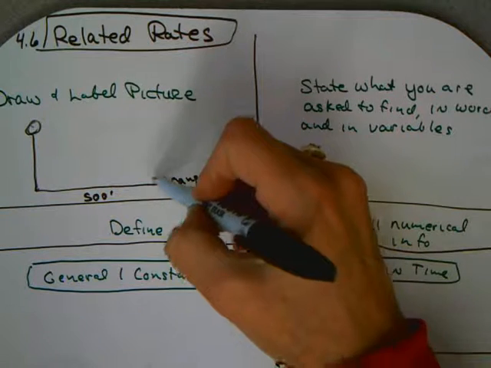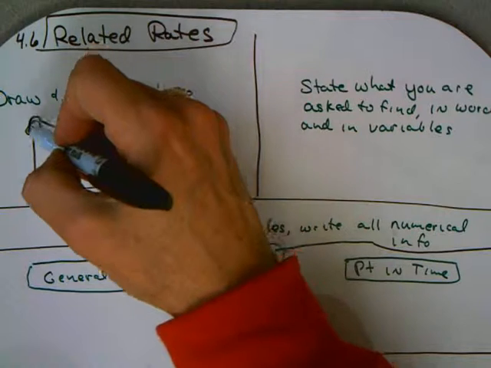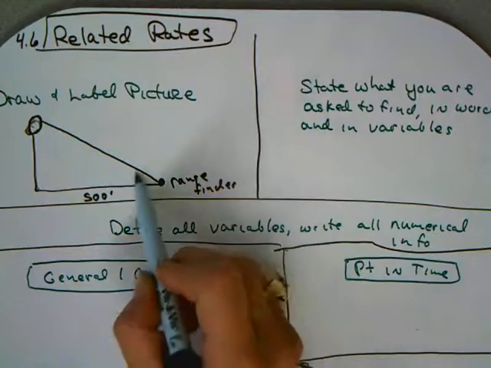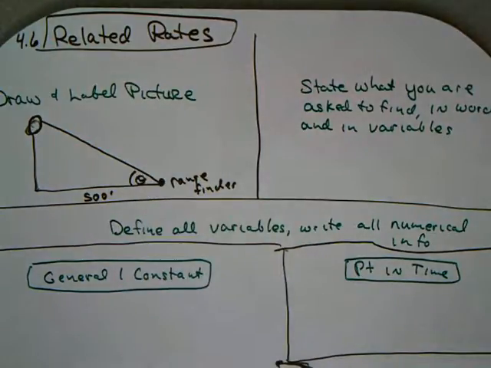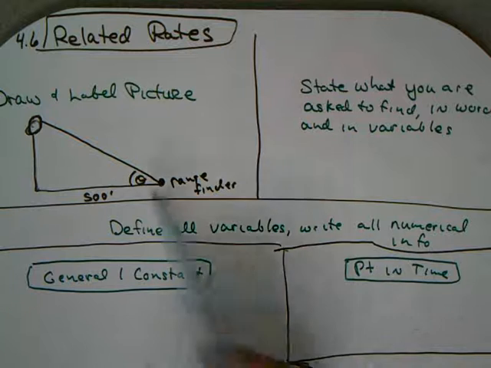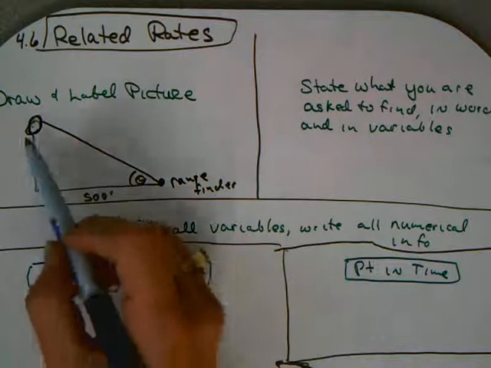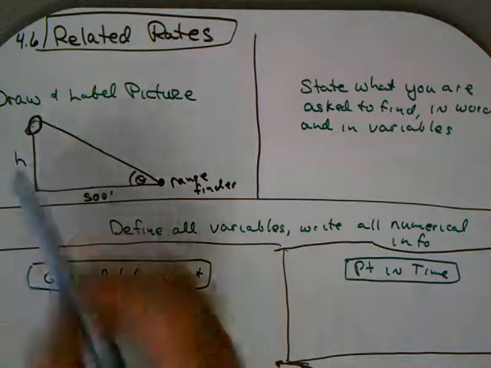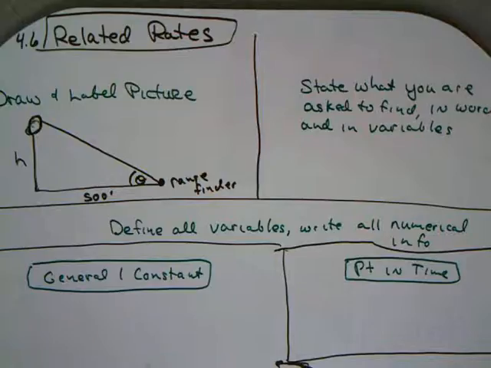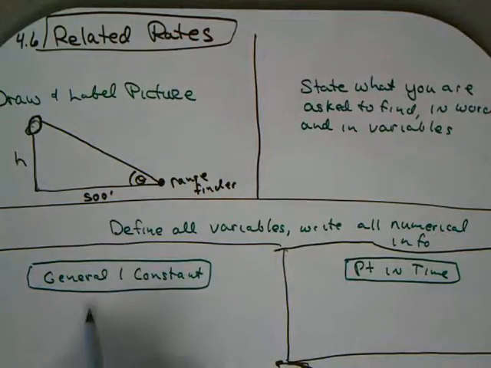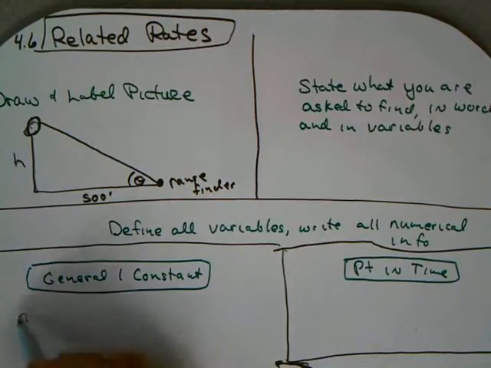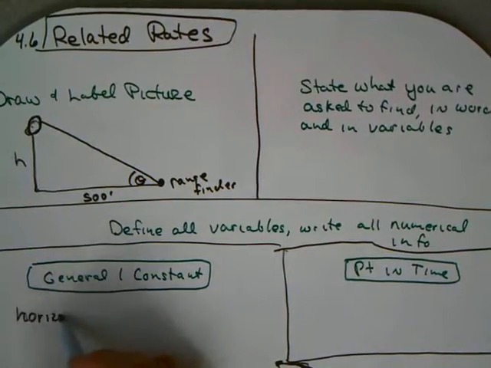And the angle of the rangefinder as the balloon goes up is changing. So that's just theta. And the height of the balloon as the balloon rises is changing. So the only constant we've got here is the 500 feet. So under my general and constant information, I'm going to say my horizontal distance is going to be 500 feet all the time. That never changes.